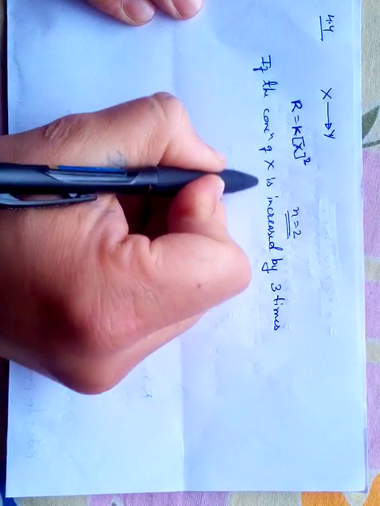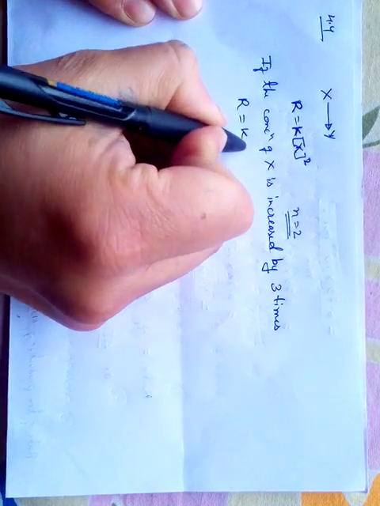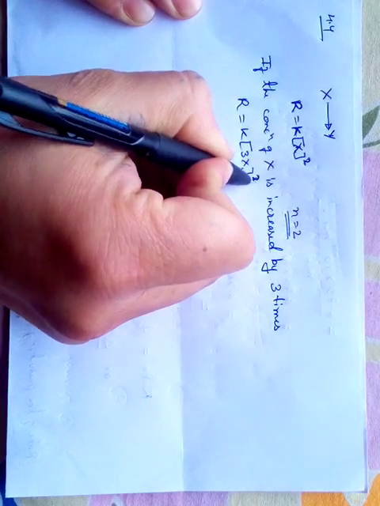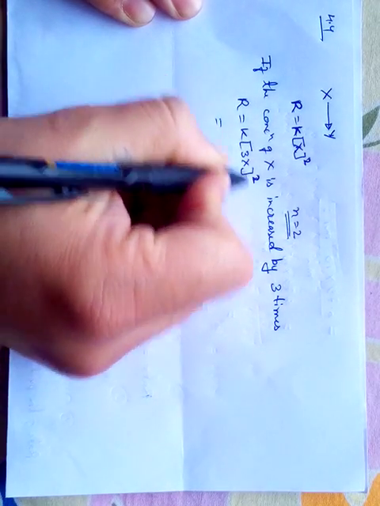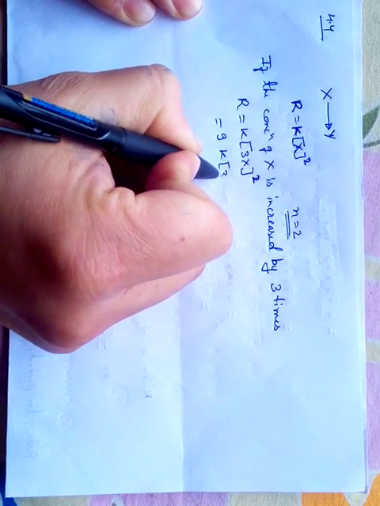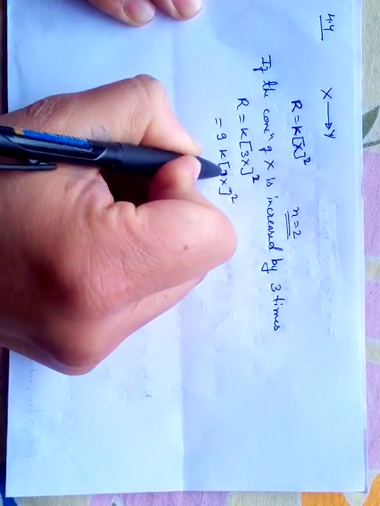If the concentration of X is increased by 3 times, then R equals K into 3X, all to the power 2. Here concentration has been increased by 3 times, so we take out 3 squared, which is 9, giving 9 K X squared.